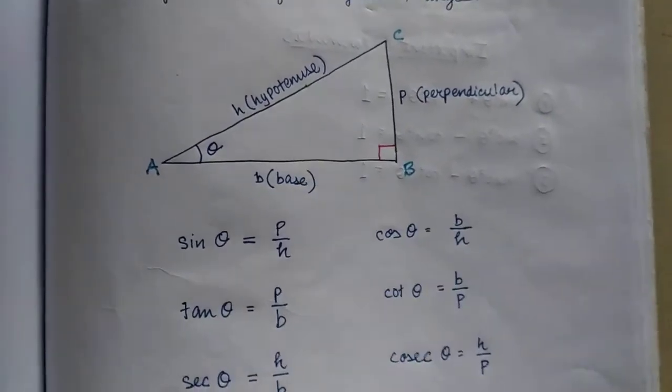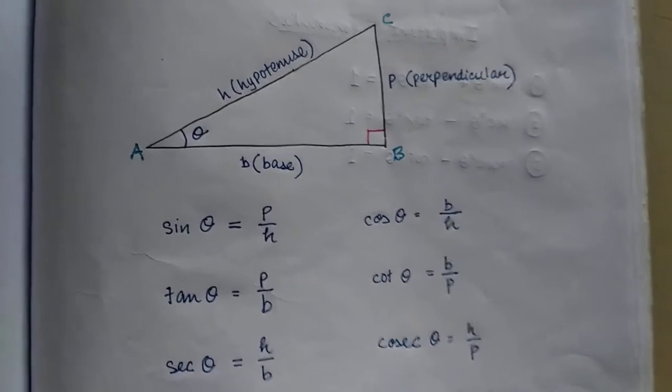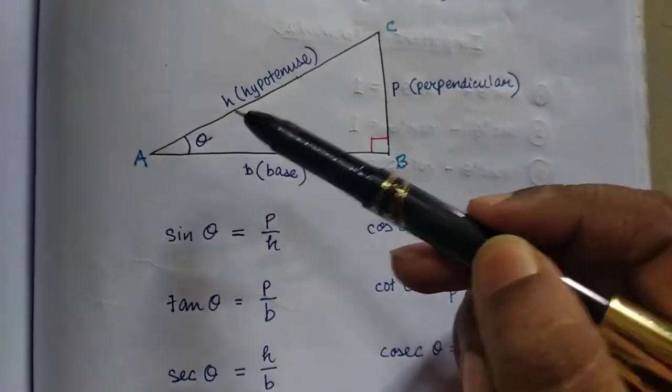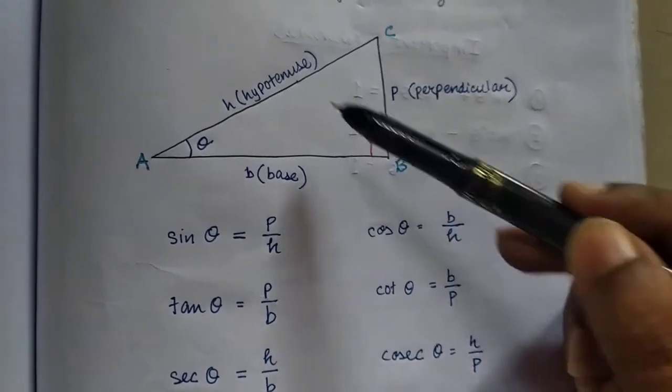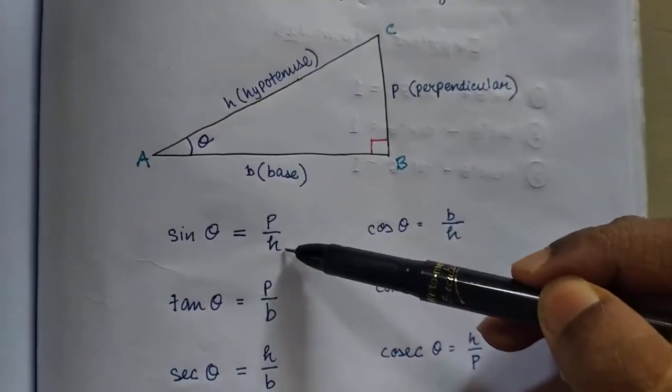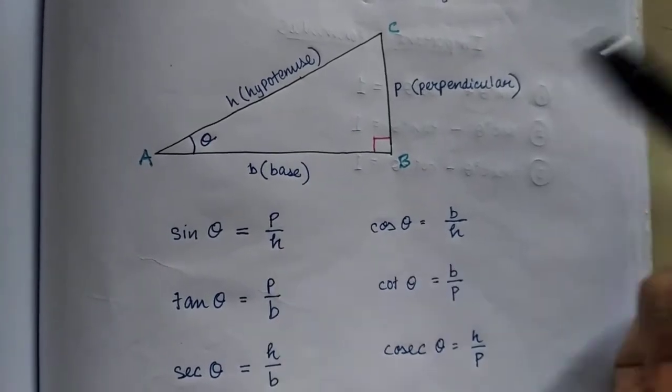Here, if you are told to find the sine of an angle theta, you just have to find the ratio of the length of the perpendicular to the length of the hypotenuse, P by H. P stands for perpendicular and H stands for hypotenuse.